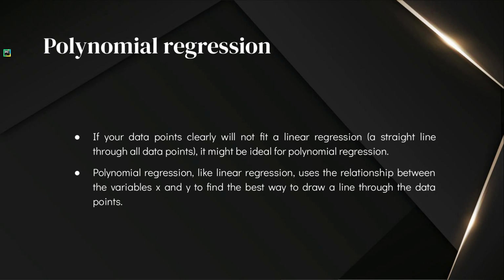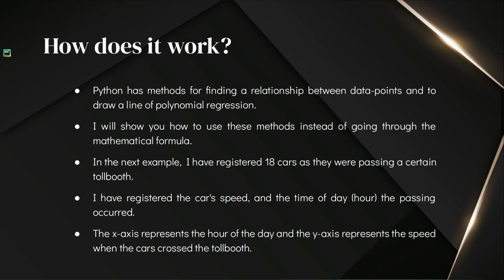And polynomial regression, much like linear regression, uses the relationship between x and y to find a way to draw the line through the data and predict future values using this line. We again use Python to help us with polynomial regression, and I will show you how we can do it.